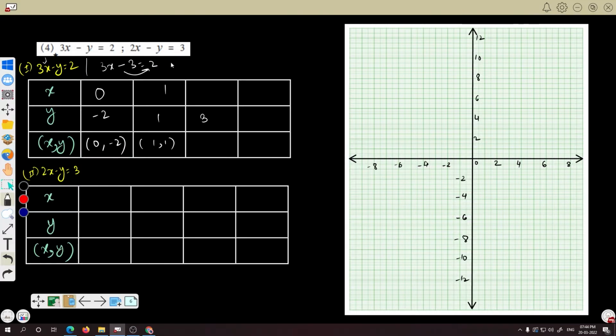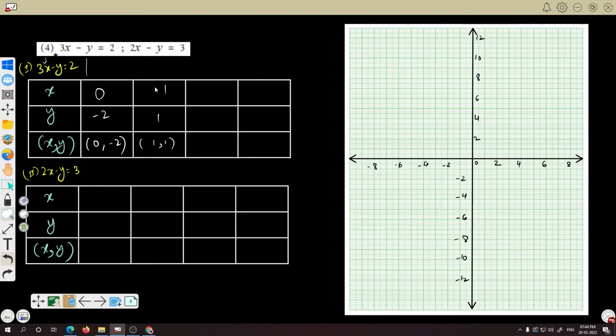Shift this minus 3 to the other side, so this will give me 3x is equal to 5. Therefore x is equal to 5 by 3. So the value of x is a fraction, so this is not convenient for us to plot on the graph, because 5 by 3 is a decimal value. So we'll avoid using this value of y, that is 3.